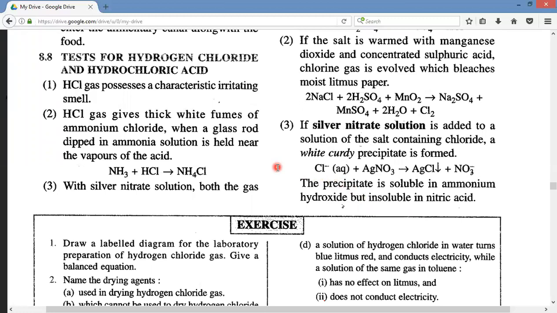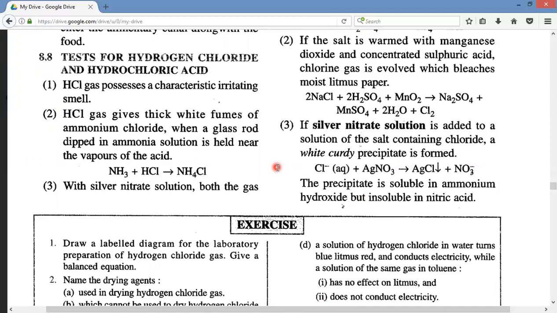Kindly revise it properly, learn all the reactions by writing. Students, always remember at the back of your book, some revision equations are present which are very, very important from every chapter.